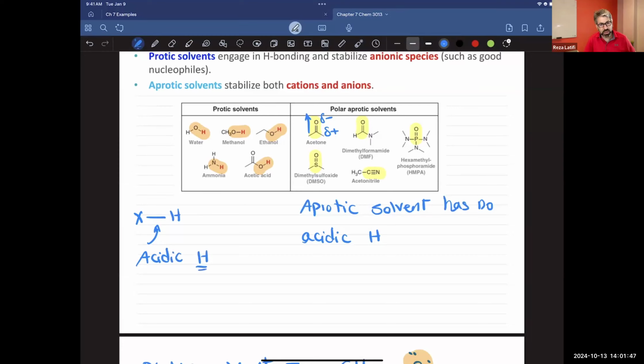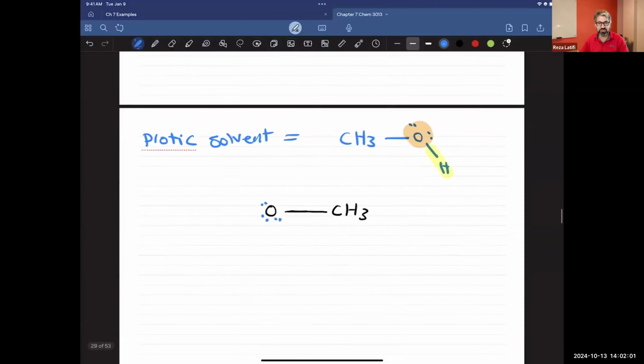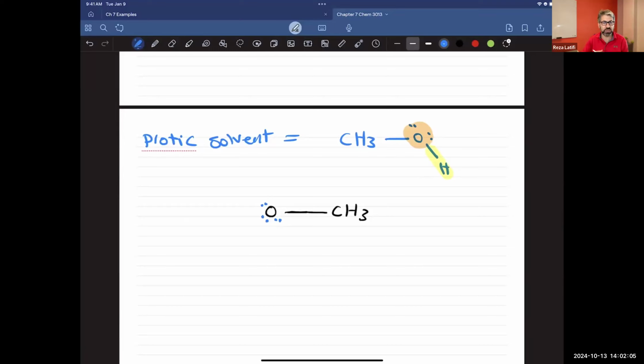And this is the difference between protic versus aprotic. Protic has acidic H, while aprotic has no acidic H. Now let's see the effect of that acidic H, or the absence of it, on the SN2 reaction.